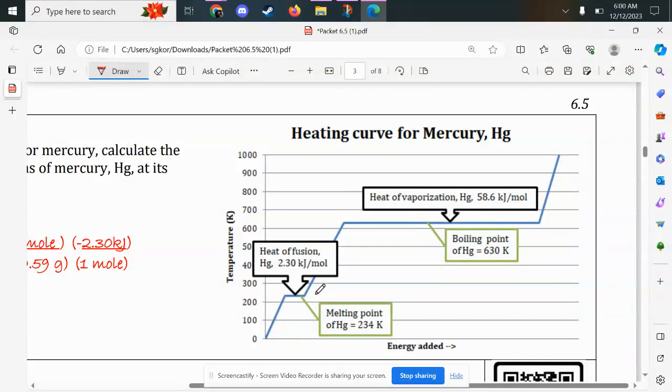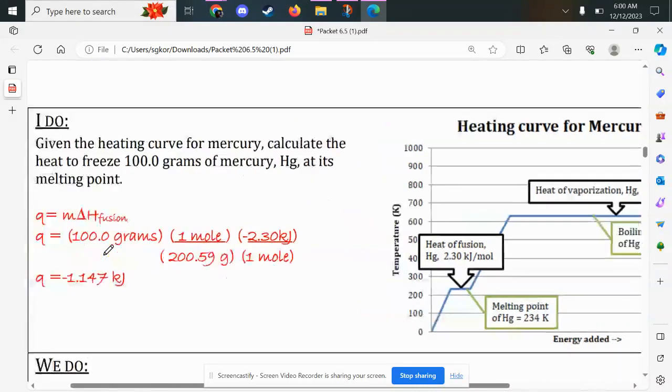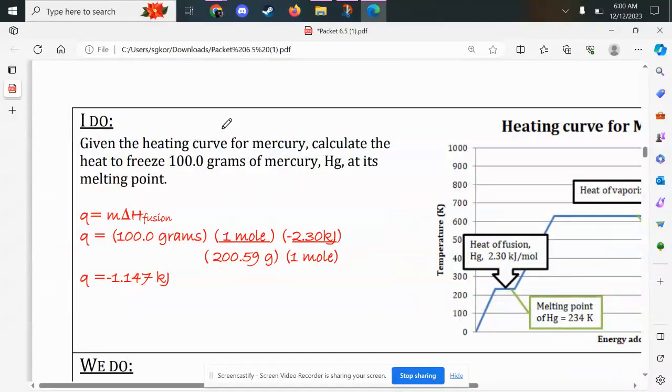So it takes 2.3 kilojoules per mole of energy to melt our mercury, and it would take 58.6 kilojoules per mole to evaporate a mole of mercury. Okay. And so if we were given our value for how much mercury we have, it's now just simply a stoichiometry problem.